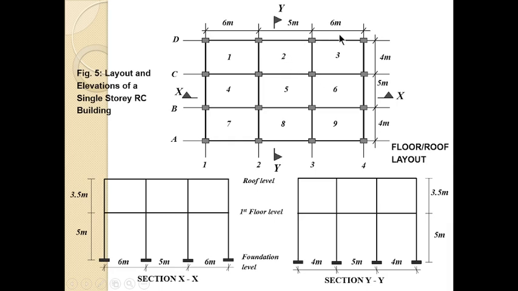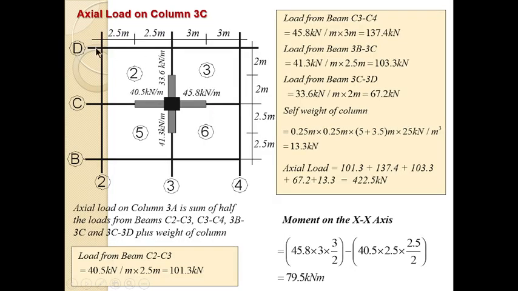So we are just drawing out all the adjacent slabs that have to do with that. We are drawing out the whole of that place. So this is column C. Column C is carrying load from beam C2-3, beam C3-4, beam 3BC, and beam 3CD.